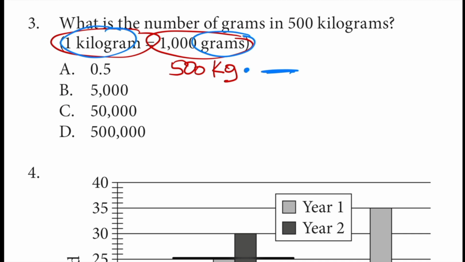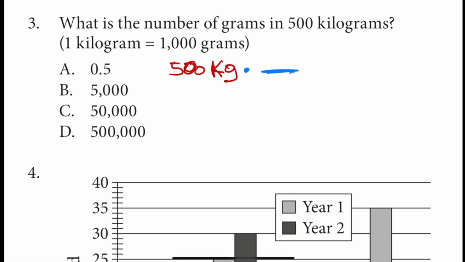How do I know which one goes on the bottom and which one goes on the top? Easy. Because the units are kilograms. If I want to cancel the units that are on the top, then kilograms have to be on the bottom. What's kilograms? 1 kilogram. So I put 1 kilogram right there.